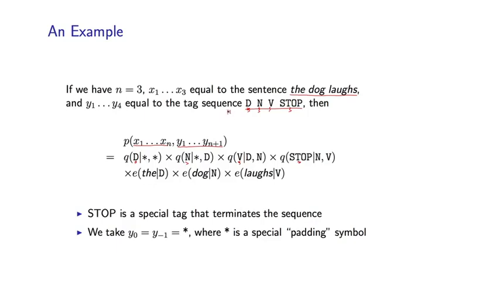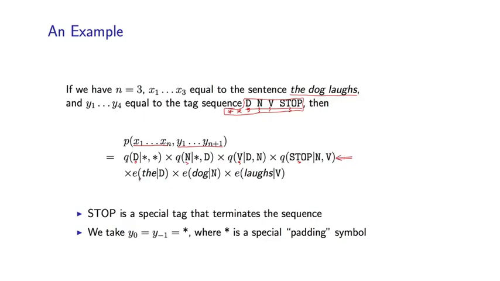So these star symbols are in a very similar way to what we saw with language modeling. They are initial symbols at the start of the tag sequence. So I have D given star star, N given star D, V given D N, and finally stop given N V. So those are the q parameters.